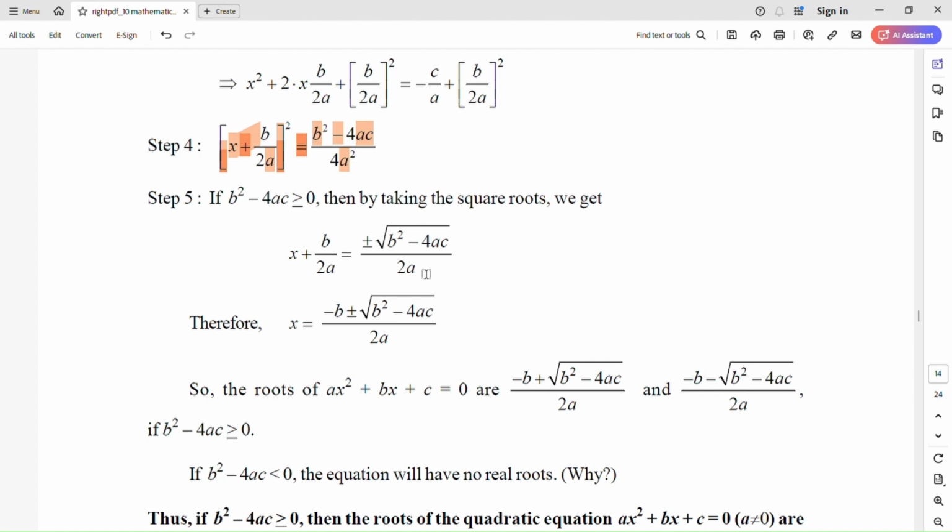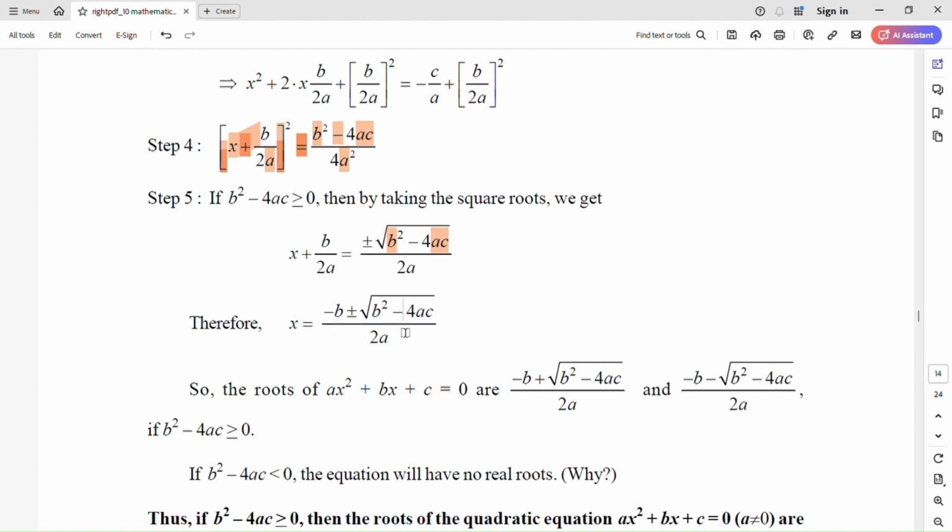Here we should note that this is inside the square root, so this should be greater than or equal to 0. So b square minus 4ac should be greater than or equal to 0. Only then this is applicable, right? And x equal to minus b plus or minus square root of (b square minus 4ac) by 2a.